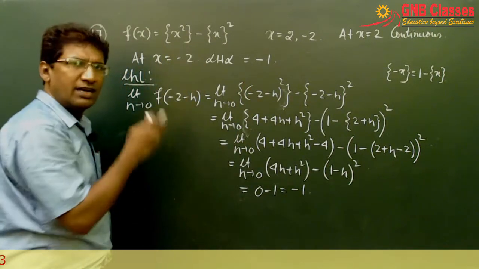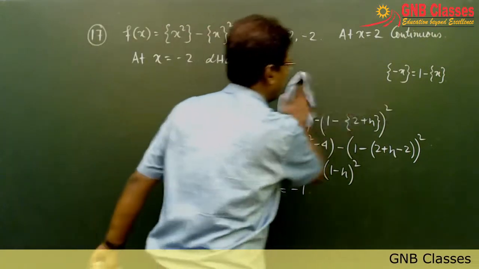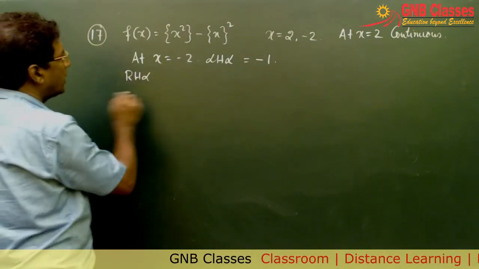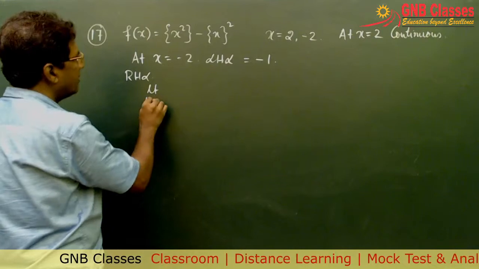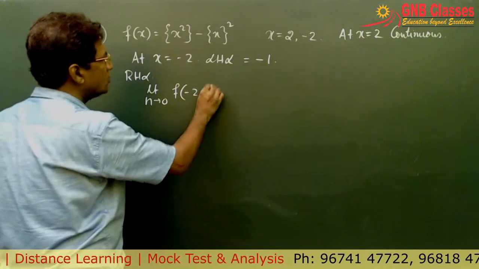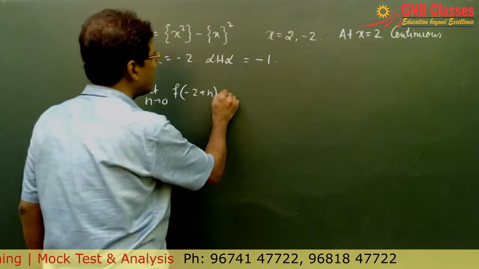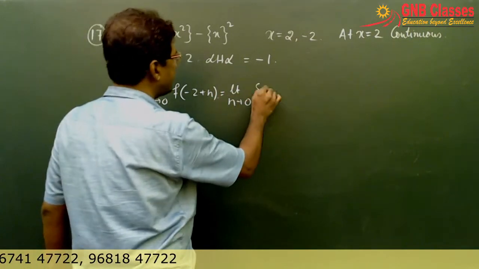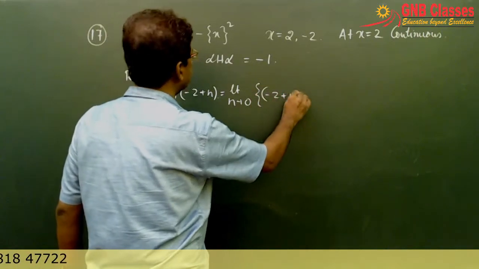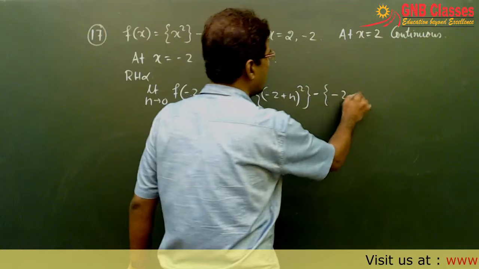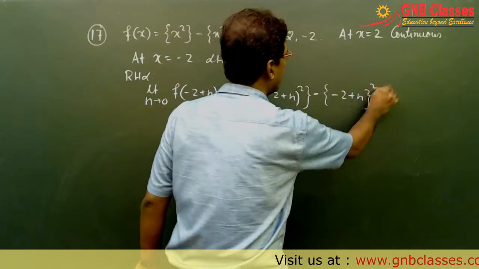Now let us go for the right hand limit. For the right hand limit, we are doing limit h approaches 0, f of minus 2 plus h. So we are getting limit h approaches 0, fractional part of (minus 2 plus h) whole square minus fractional part of minus 2 plus h whole square.